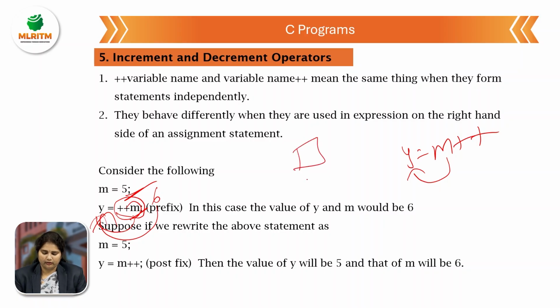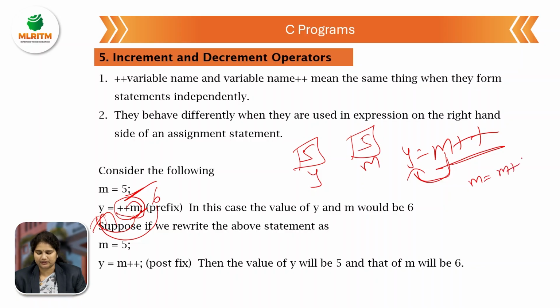In memory, there is memory occupied for the y variable and the m variable. First the m value is 5. When we write the post-increment operator, first the m value will be assigned to y. Now the y value is 5. After that, m plus plus means m equal to m plus 1.